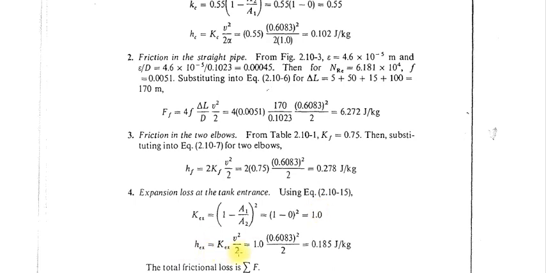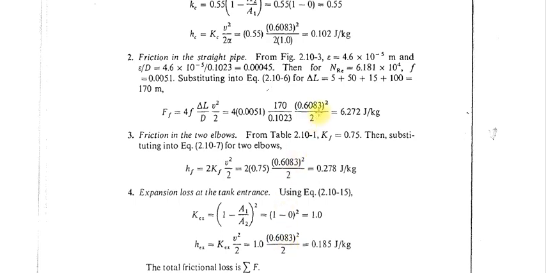So just substitute the value of Kex as 1, and substitute the value of V2 here, 0.60. In the expansion you have to use the upstream velocity, so that is equal to 0.6083 divided by 2, where here the GC will not come.